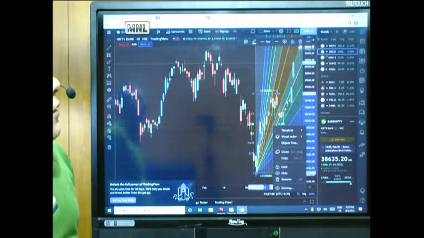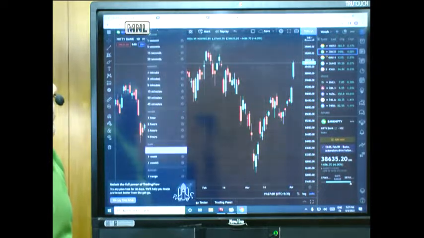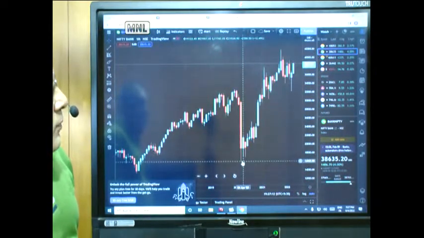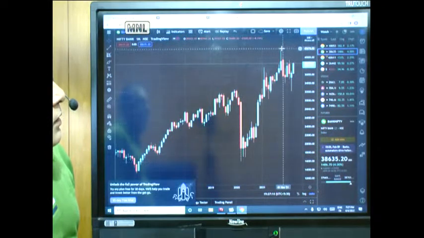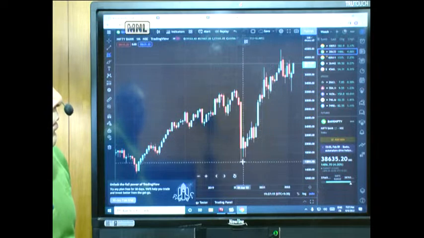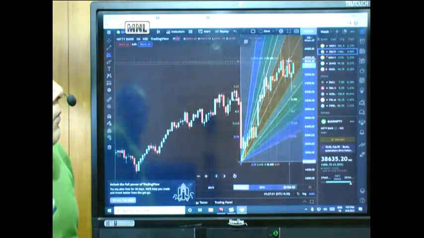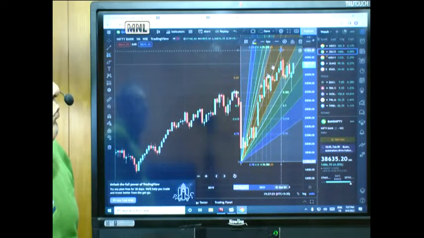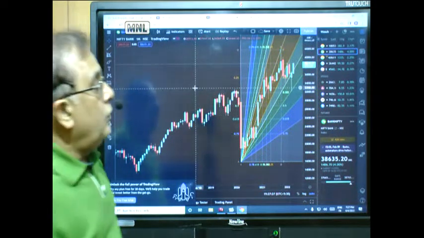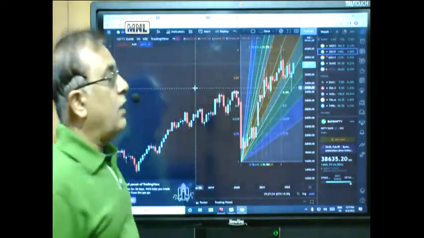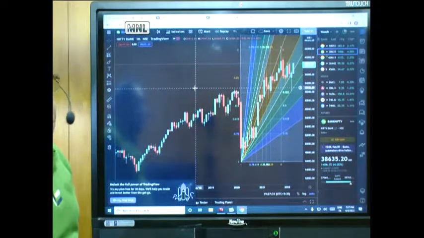Okay, we will look at the big monthly chart and draw a Fibonacci fan from this level to this level. See here, exactly the 0.382 gave the support.